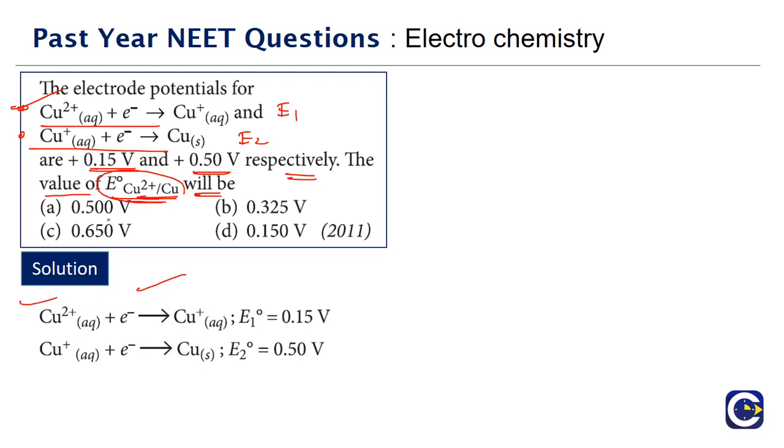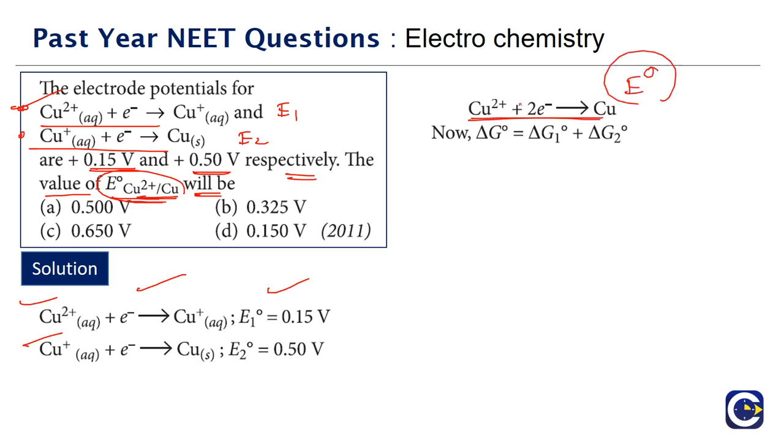So the thing is, whenever we have a set of equations given, here we can call the first, Cu2+ getting reduced, that particular potential E1 naught. And Cu+ getting reduced, we can call it E2 naught. What we are looking for is the E0 value for this one. What is it? Cu2+ getting reduced straight away to copper.